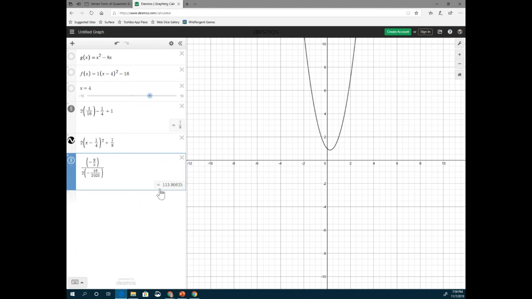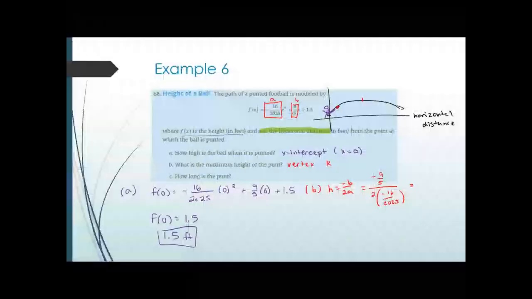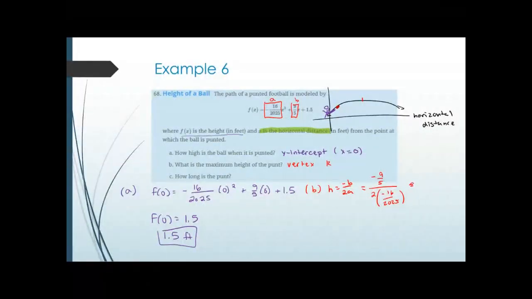So let's just say that's 113.9. This is approximate, so I'm going to make those wavy. 113.9. Now I need to find k by plugging in that value.